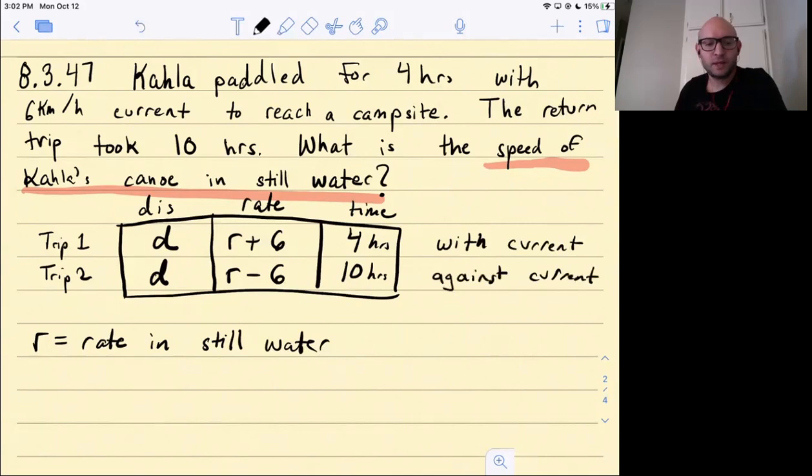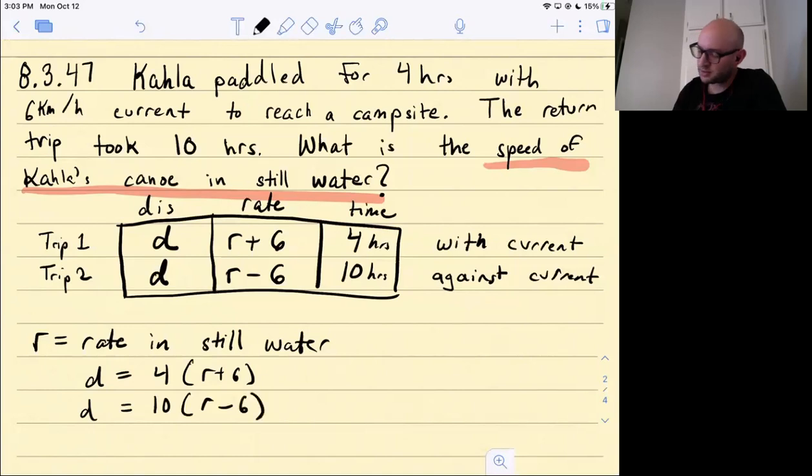Okay. All right, great. Now we can just write down these two equations, two unknowns, and we can solve it. So we have d is equal to 4 times r plus 6, and we also have d is equal to, oh, not 4, sorry, 10 times r minus 6.